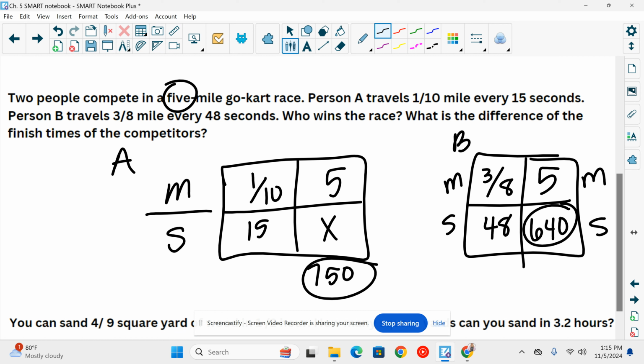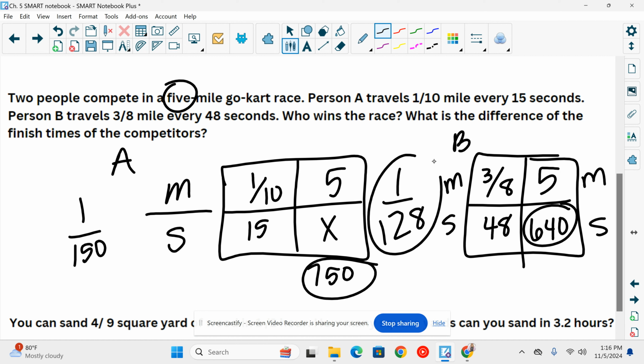If you did it as a unit rate, person A's unit rate was 1/150, and person B's unit rate was 1/128. Who has the greatest unit rate? Who's going to cover the most distance? B. Remember, in a fraction, the bigger the denominator, the tinier the pieces get.